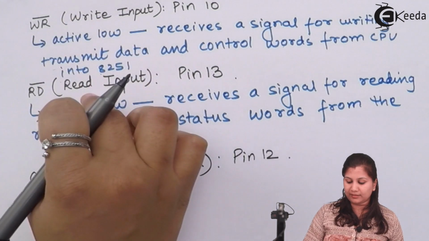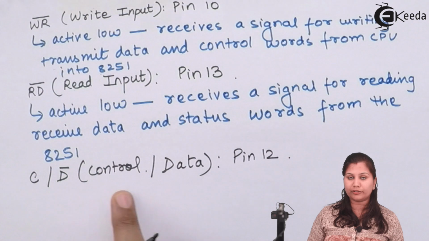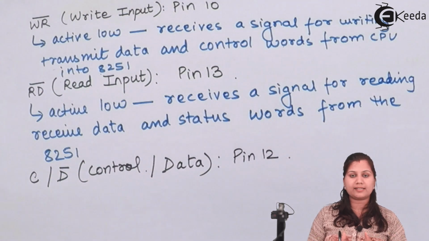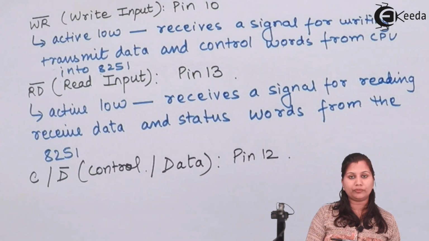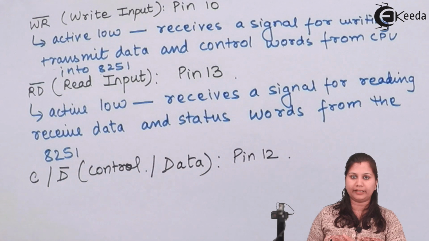So these three signals, the write, read and the control data, will decide whether the data available on the data bus is the control word or an 8-bit data.